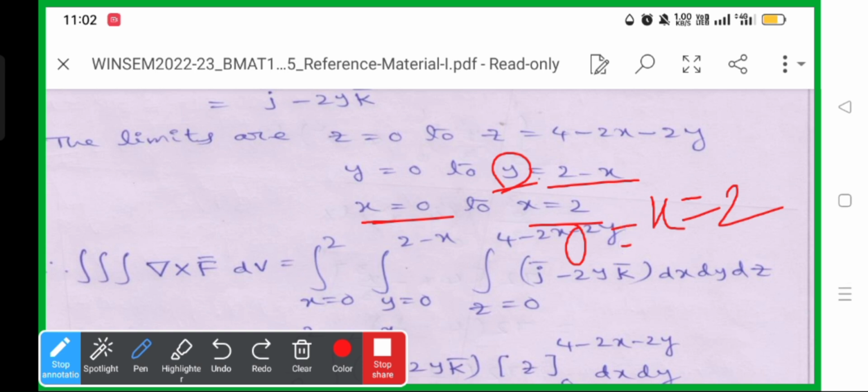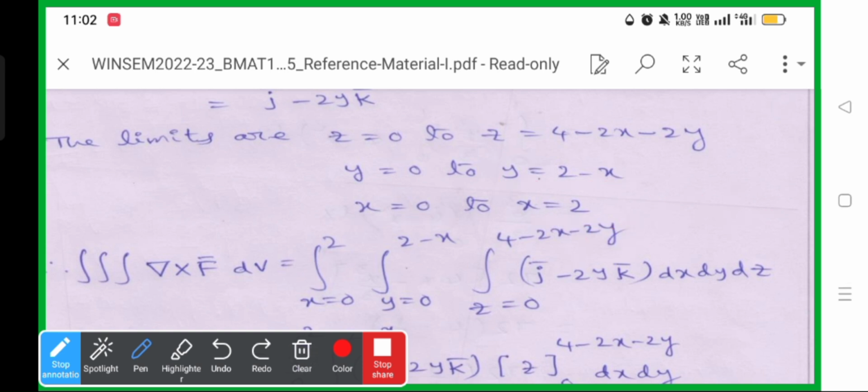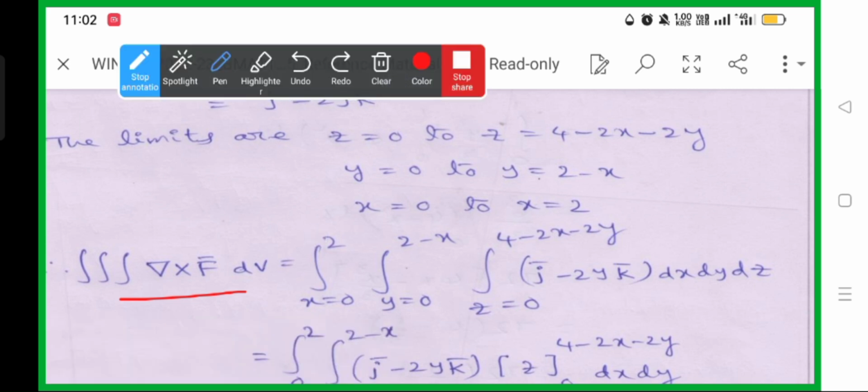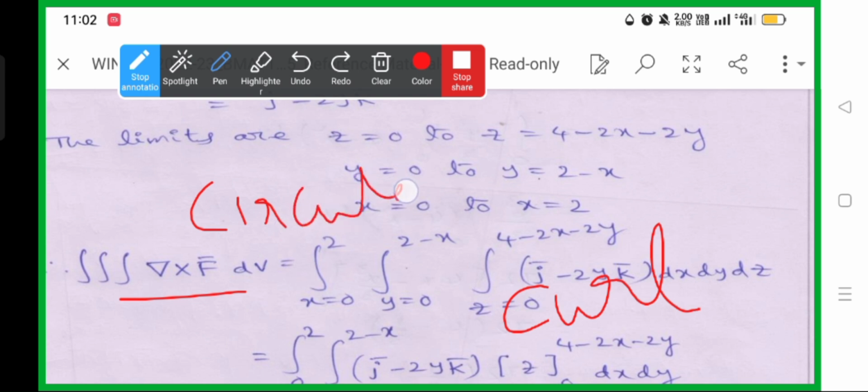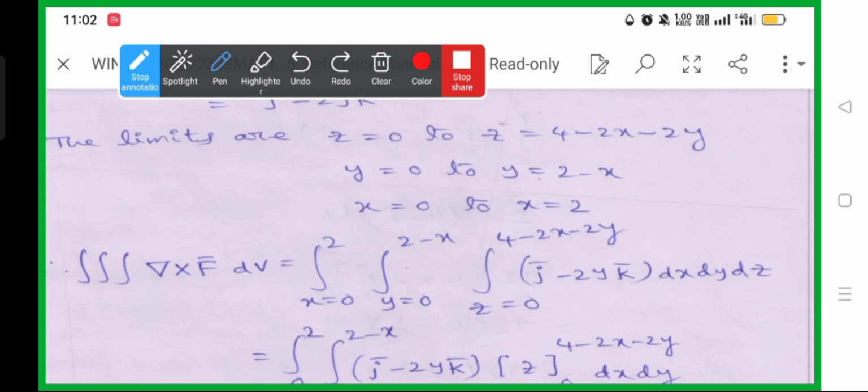Next, now we have to apply the triple integral of del cross f vector. This is the curl formula, curl or circulation, we can call it circulation also. Yesterday I played a video about this circulation. I showed the images also, how the electric field and magnetic field will be produced when a particle moves around. Triple integral of del cross f vector into dv.